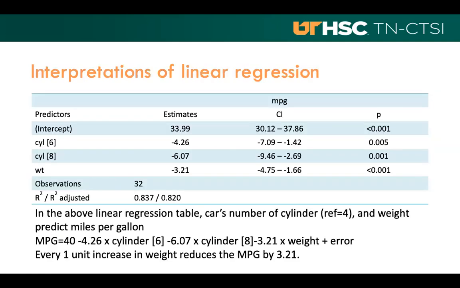So this is the output from linear regression. We have the miles per gallon, and we use cylinder. Cars having 4 cylinders are the reference values. They are not visible in this table, and so they are omitted.